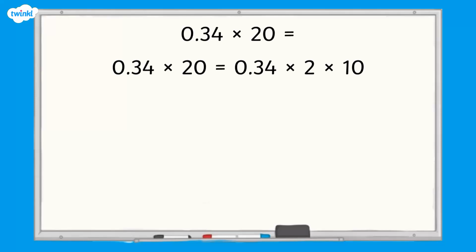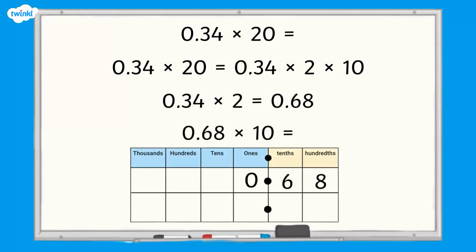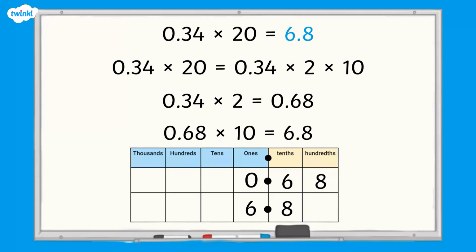So we can multiply 0.34 by 2 and then use place value to multiply the answer by 10. 0.34 multiplied by 2 equals 0.68. 0.68 multiplied by 10 equals 6.8. So 0.34 multiplied by 20 equals 6.8.